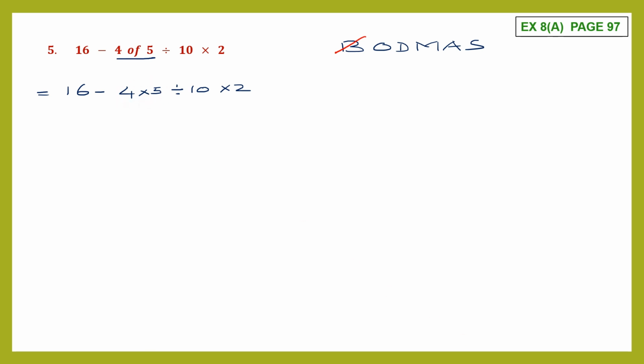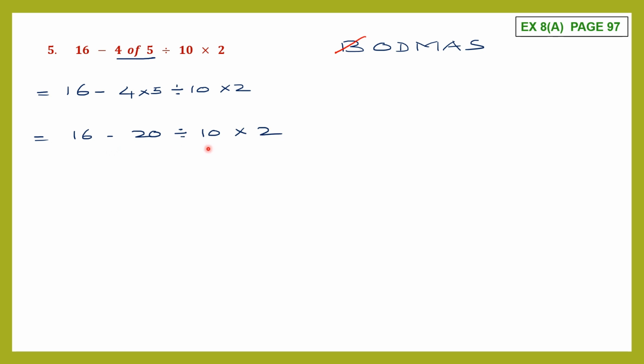So that is 16 minus 4 5s are 20 divided by 10 into 2. Now this multiplication is different from off. Okay, so off should come first before this multiplication, though this also means multiplication. So now we've got 16 minus 20 divided by 10 into 2.